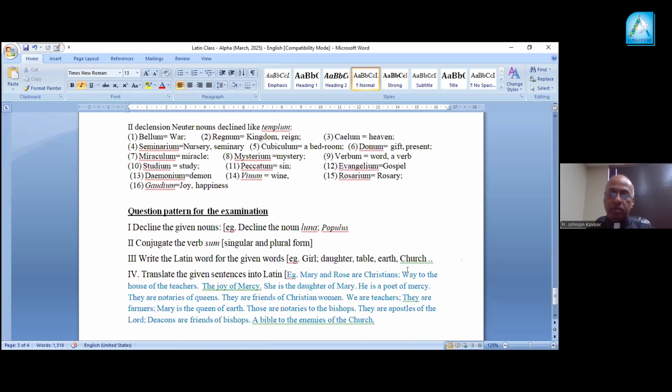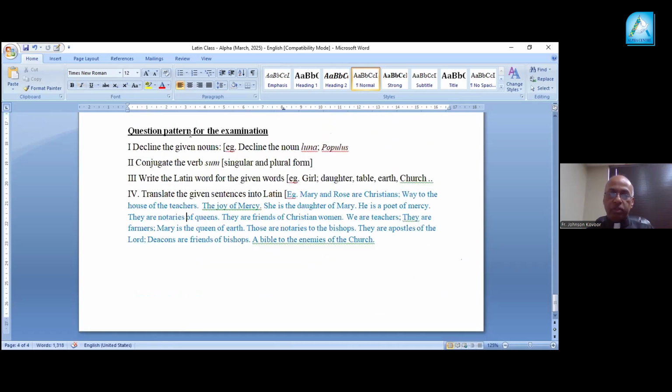At the end of the notes, you have some model questions and also the question pattern. Decline the given noun; either one feminine noun and another neuter noun may be asked. And conjugate the verb sum. We have only one option to conjugate because we studied only one verb, sum. Now write a Latin word for the given words, for example girl, daughter, table, church.